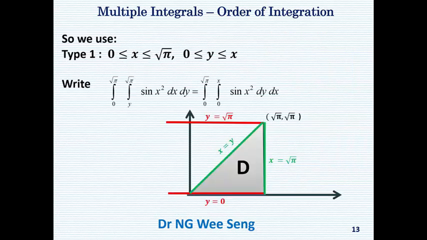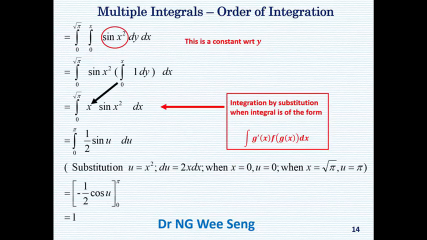So let's compute the type 1 integral. The reason why this is easy to do is obvious. When you're integrating with respect to y, sine x squared is a constant. So you can take it out of the integral sign. And you end up integrating 1 with respect to y. So this integral will become x after substituting the integration limits 0 to x. So you end up with the integral of x sine x squared. Recall what you learned in single variable calculus.